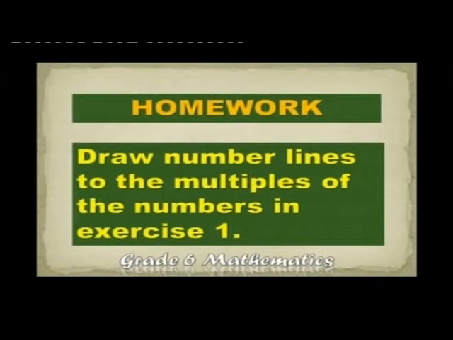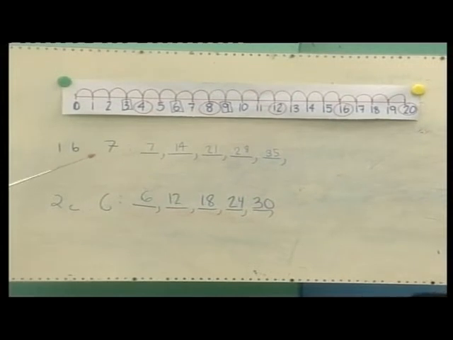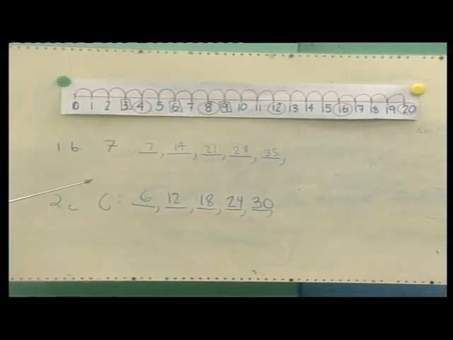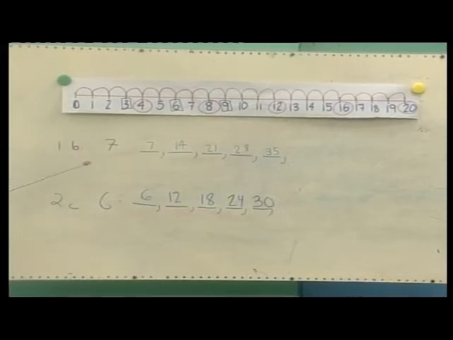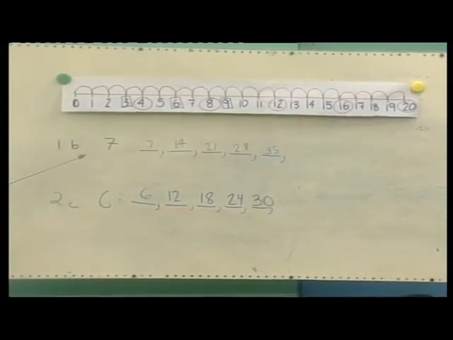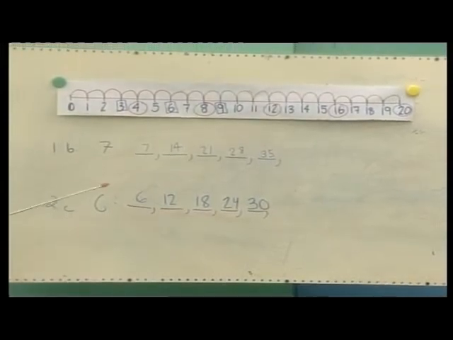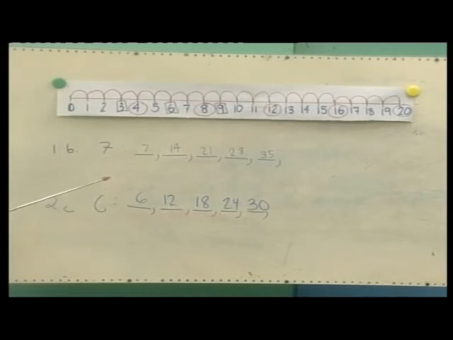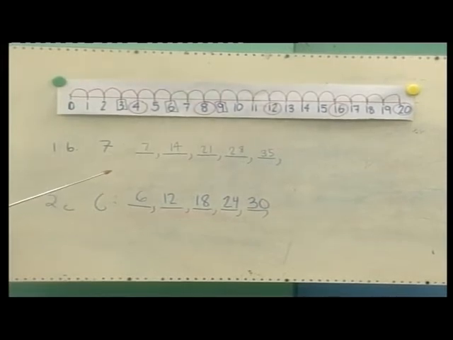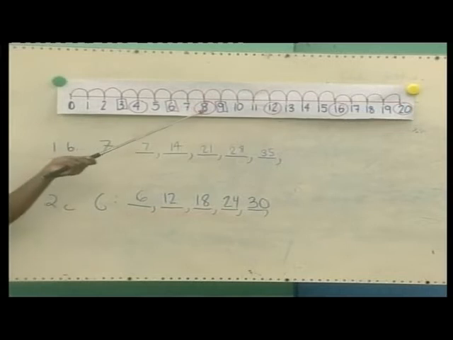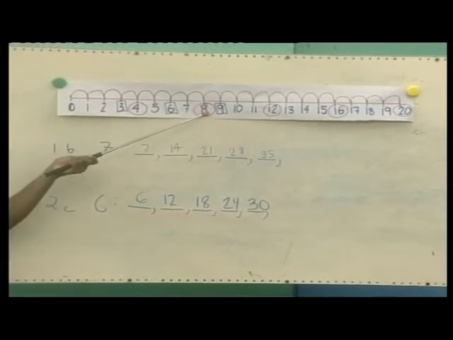You're going to draw number lines and identify, like what we did, the first 5 multiples of 3, 7, 5, and 10 by using number lines, okay? So you draw a number line for 3, 7, 5, and 10. And you identify the multiples, just like what we did here. Is that clear?